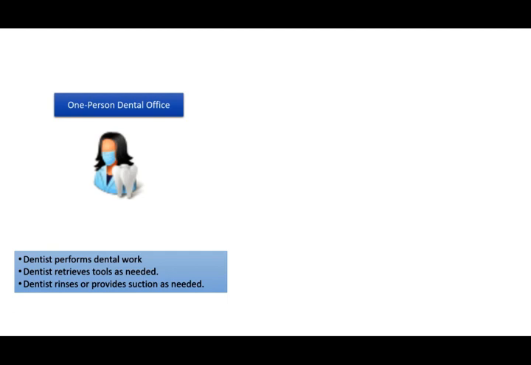So these are the specialized dentist things that the dentist went to school for oh so many years to get their DDS degree. But then they also have to do some things that don't require any specialized knowledge. So they retrieve tools, they get the drill, they put the drill back, they get the extractor, they put the extractor back, and so on.